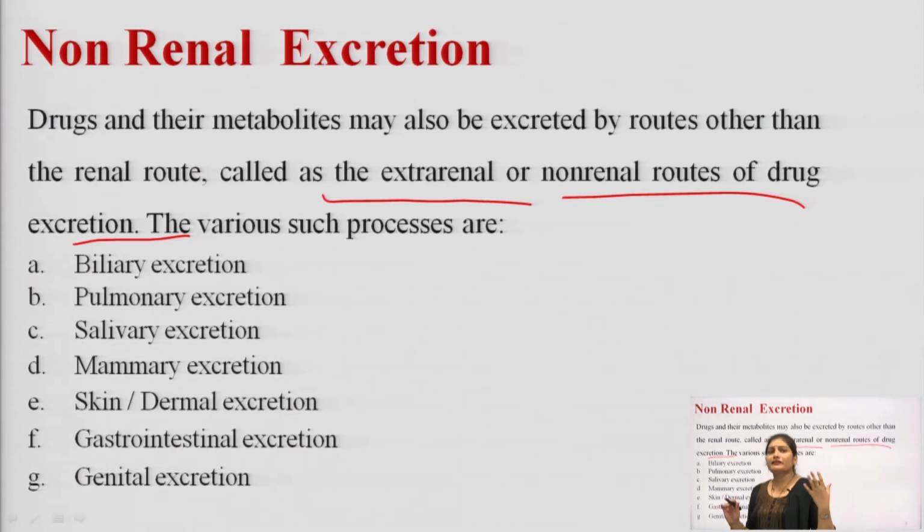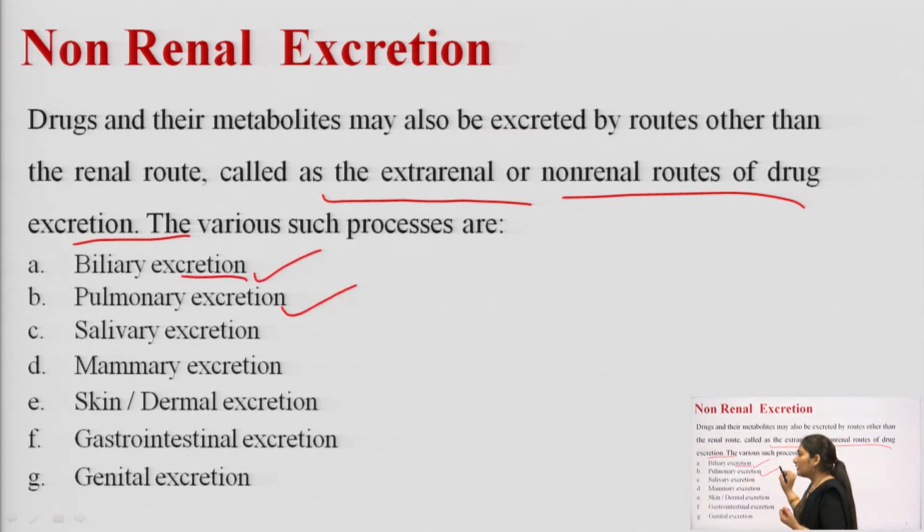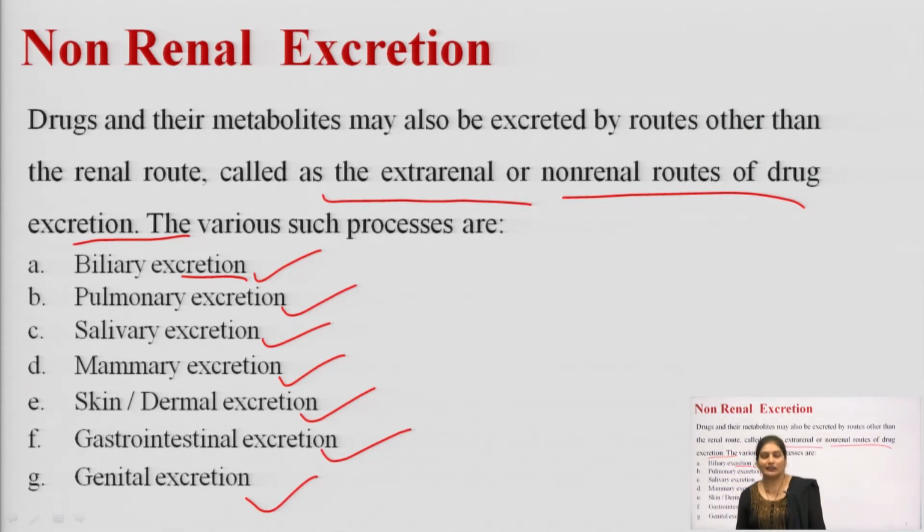There are different processes involved in non-renal excretion. The first is biliary excretion, second is pulmonary excretion, third is salivary excretion, fourth is mammary excretion, fifth is skin or dermal excretion, sixth is gastrointestinal, and seventh is genital excretion.